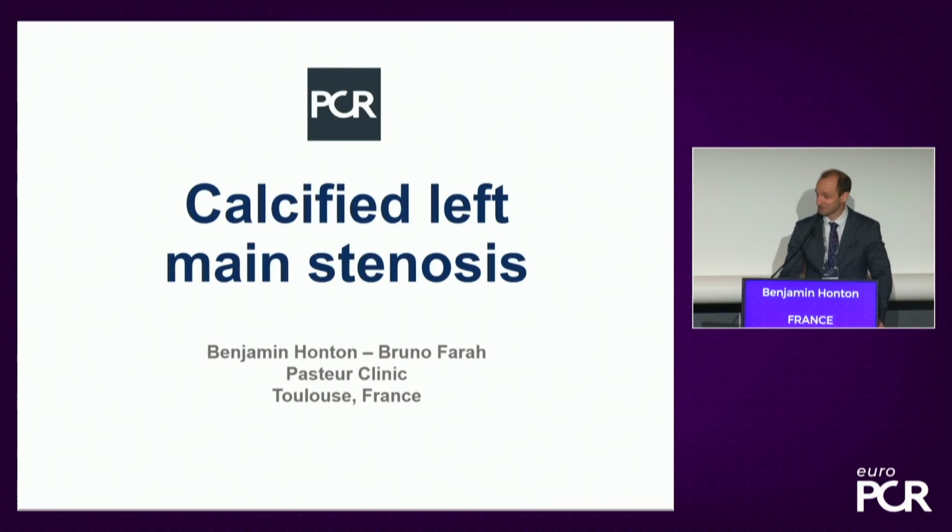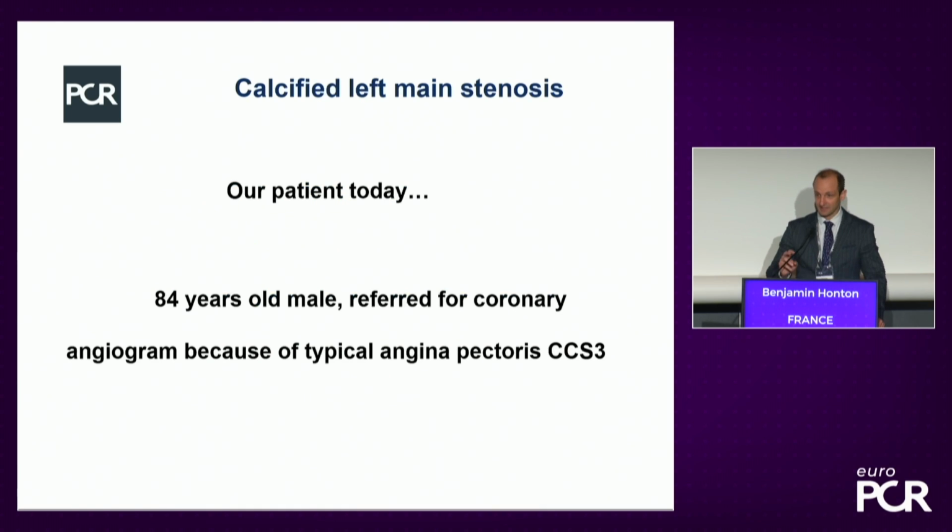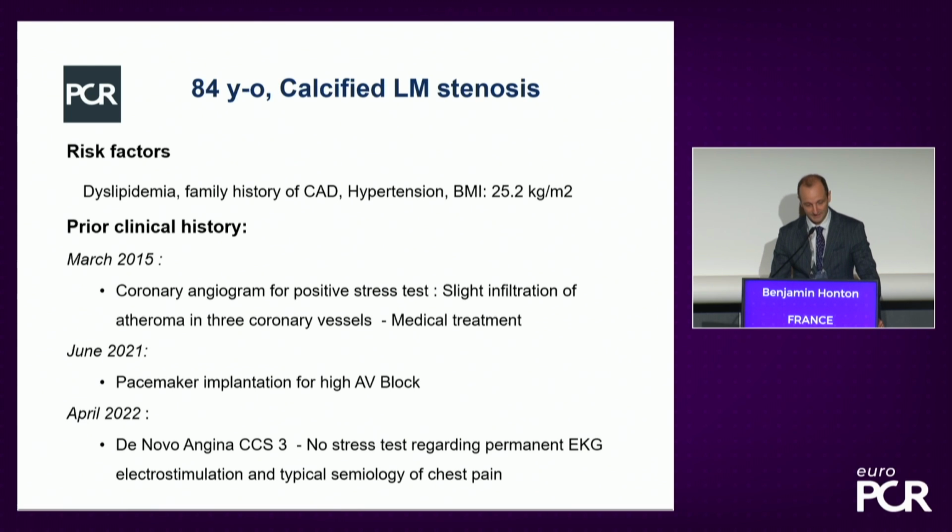Dear friends and colleagues, it's a real pleasure for me to share with you this calcified left main stenosis. It's the story of an 84-year-old man referred for a coronary angiogram because he has typical de novo angina. He suffers from dyslipidemia and hypertension.